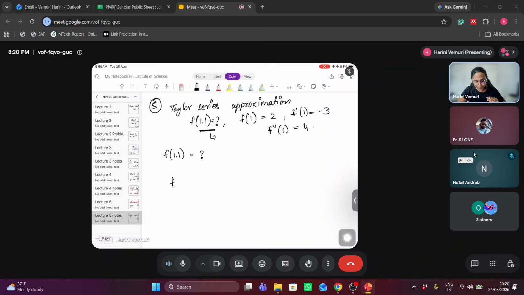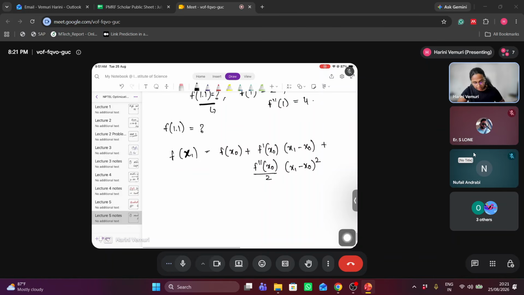We have to use that f of x1 is equal to f of x naught plus f dash of x naught into x1 minus x naught plus f double dash of x naught by 2 into x1 minus x naught whole square.